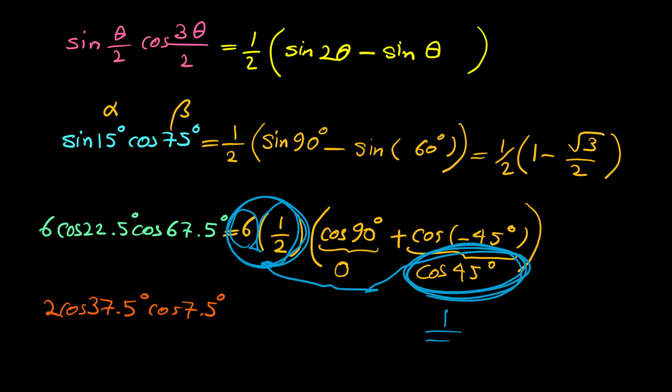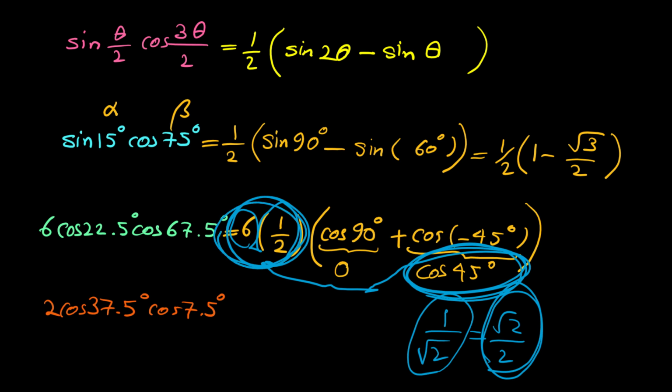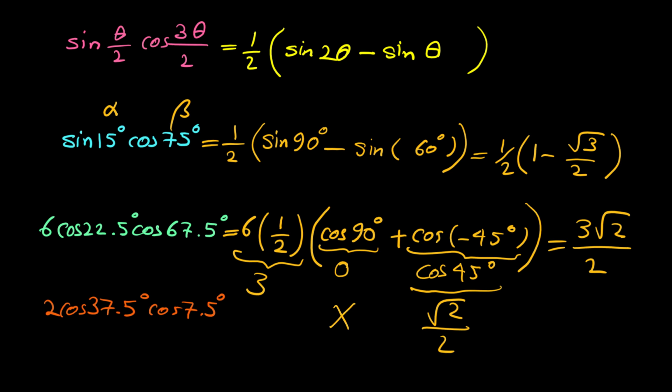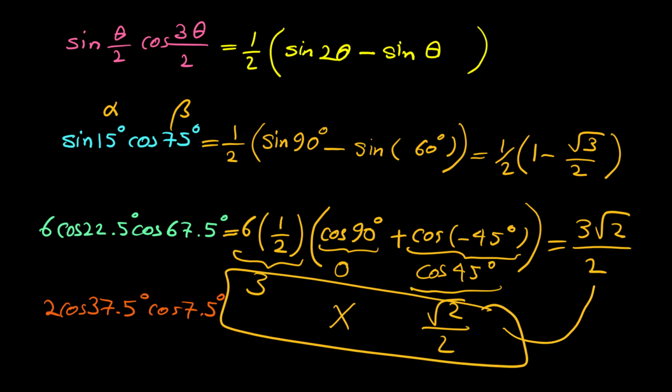Cosine of 45 is 1 over radical 2, which is basically radical 2 over 2, if we rationalize. So the final answer is 3 times radical 2 over 2, so the final answer is 3 radical 2 over 2. Multiply these two, and this is the answer.